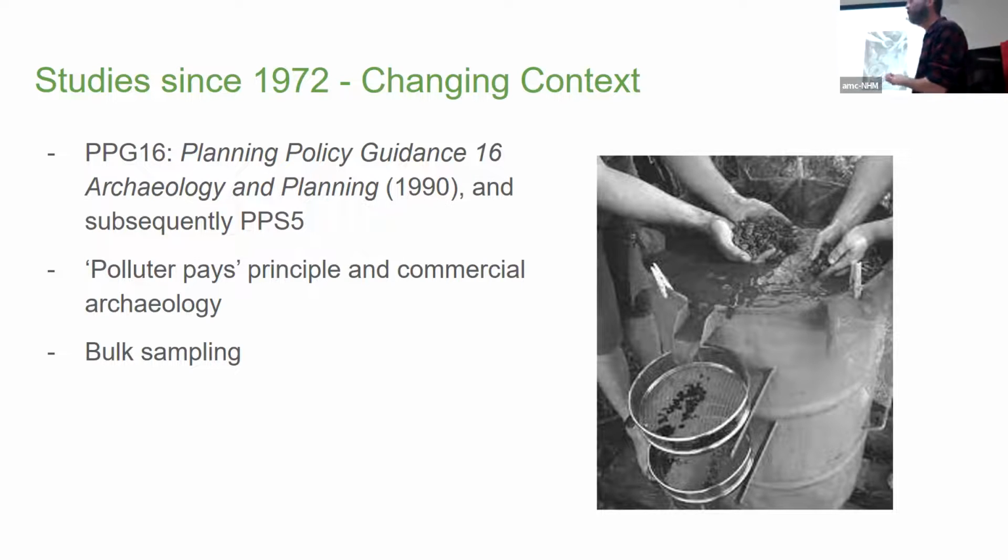Interestingly, Marika van der Veen and some colleagues published a paper looking at archaeobotanical remains from Romano-British sites in Britain during the course of the 20th century, and found that in terms of the number of investigations and the quality of the data being produced, there had actually been a decline in the 1990s compared to the 1970s and 1980s.